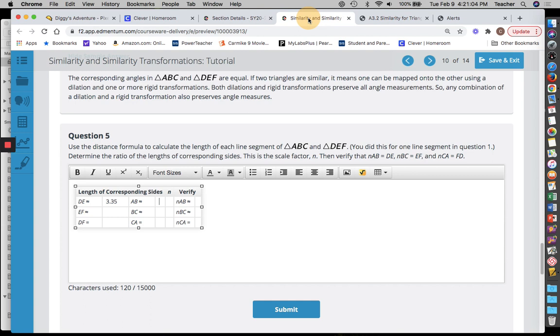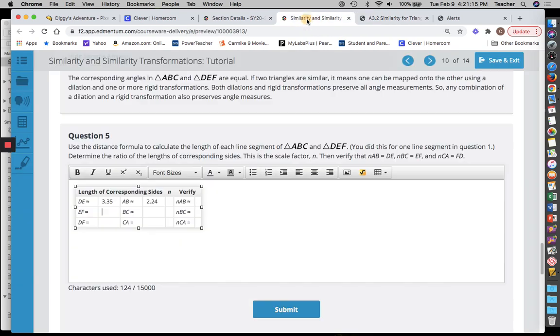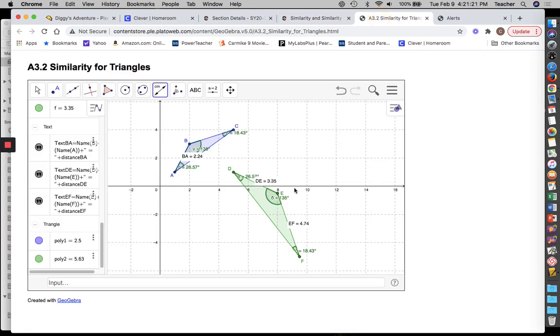Yeah, 2.24. All right, so let's find the rest of them. So we need to find EF, 4.74. BC, 3.16.